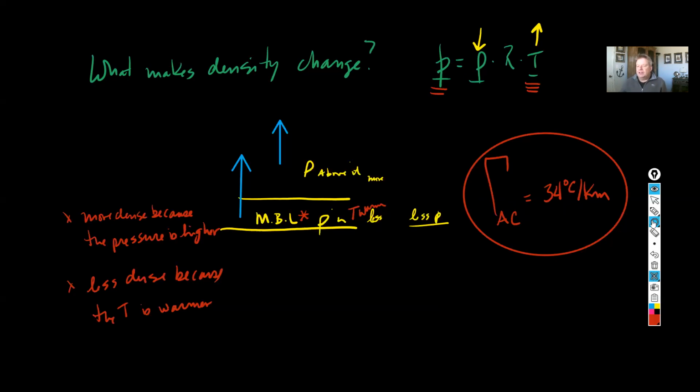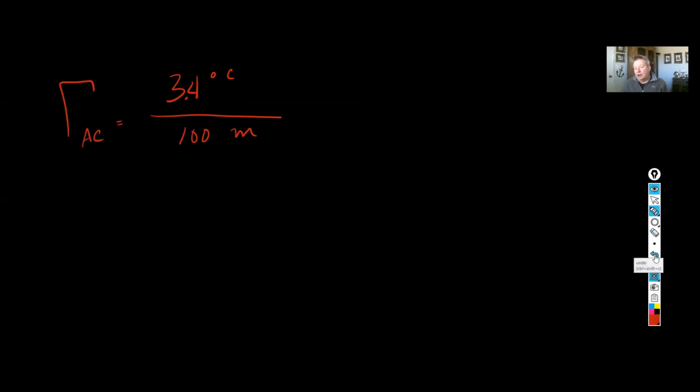But 34 degrees Celsius per kilometer, I want to think about what that is. Okay, the first thing is 34 degrees Celsius per kilometer is 1,000 meters. If I make this, it's 3.4 degrees Celsius over 100 meters. That's the same lapse rate. So this is all the autoconvective lapse rate. But I could also do this.